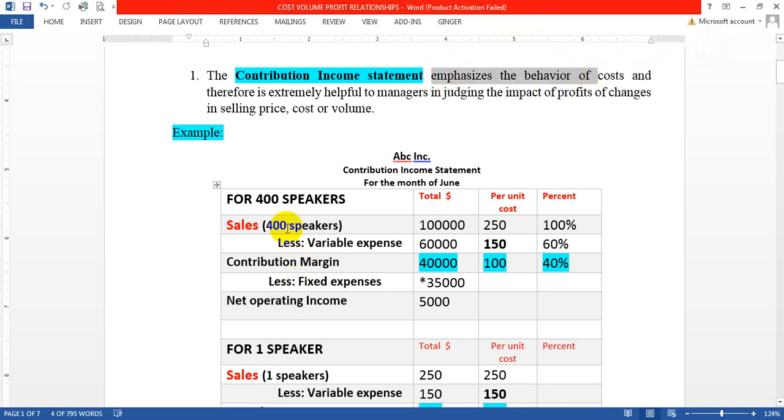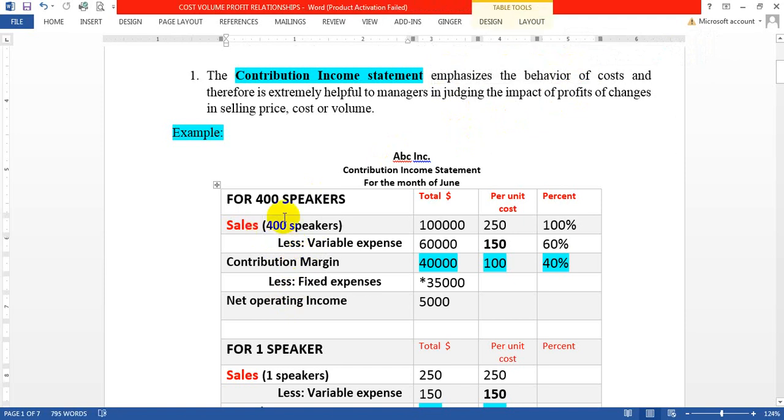How does it emphasize the behavior of cost? As you can see here, it shows the variable expense and the fixed expense separately. In the previous statements, we didn't categorize these as variable and these as fixed cost; we mingled them.